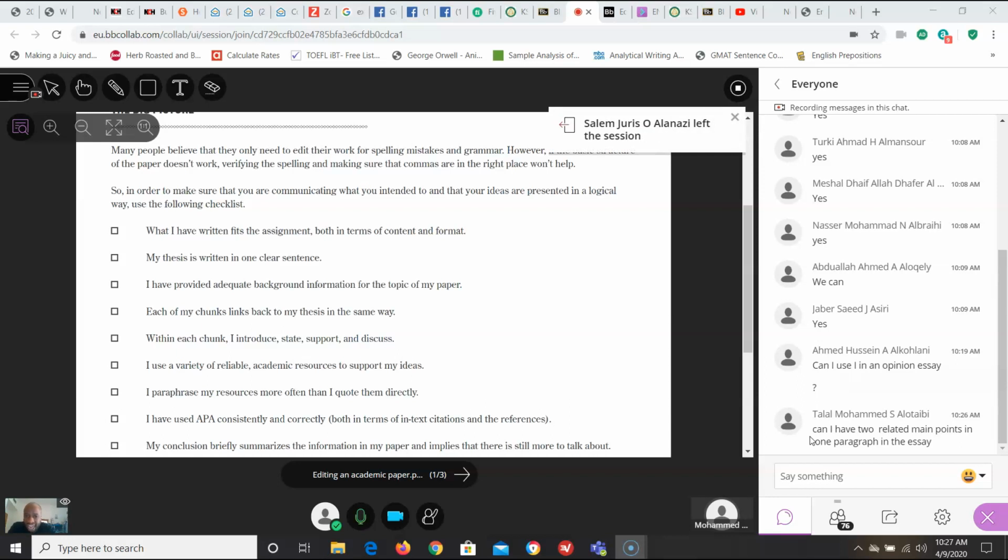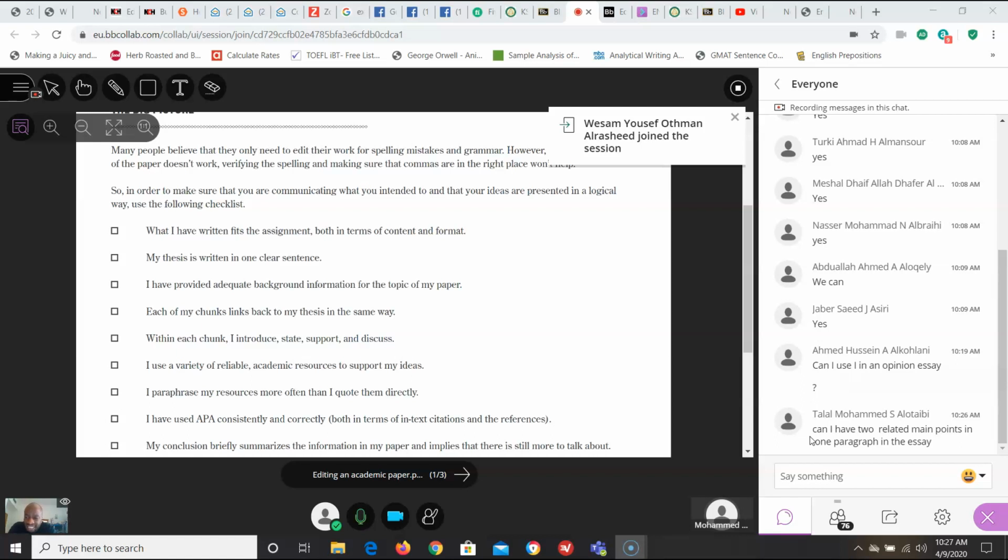Have I provided adequate background information for the topic of my paper? Normally in the first paragraph, you want to include a little background information. You don't want to go too far off, but it depends on what you're writing. In our case, where we're writing a five paragraph essay, you want to make sure that you have an introduction that gives the background of why you're writing the paper.